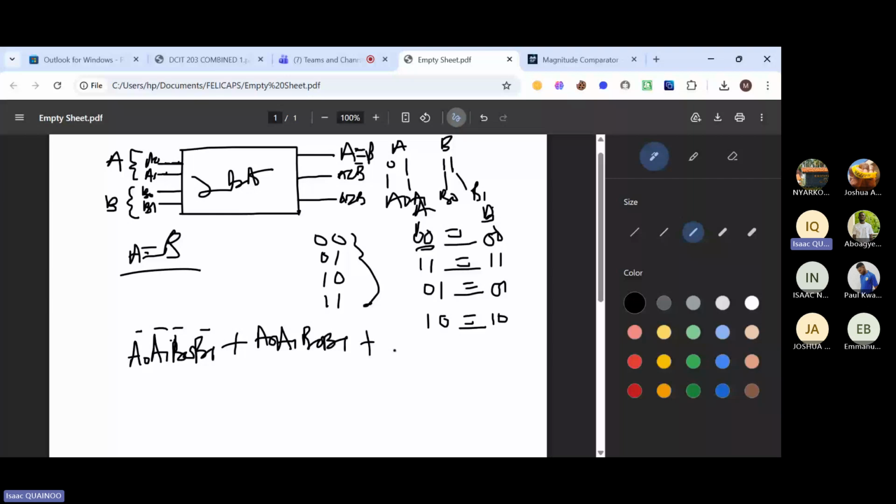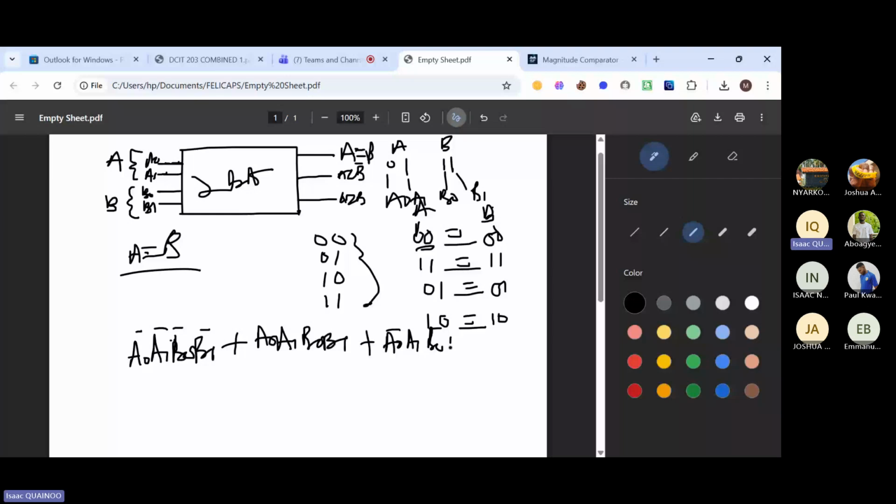We know 01 is going to be A0 prime A1, and on the other side we are going to have B0 prime B1, plus. Then we have 10.